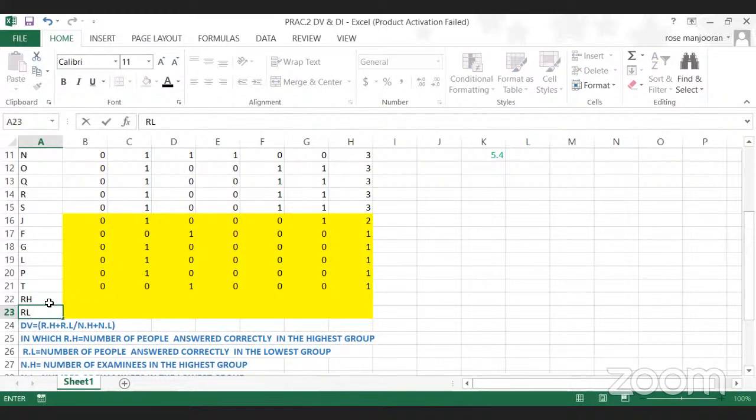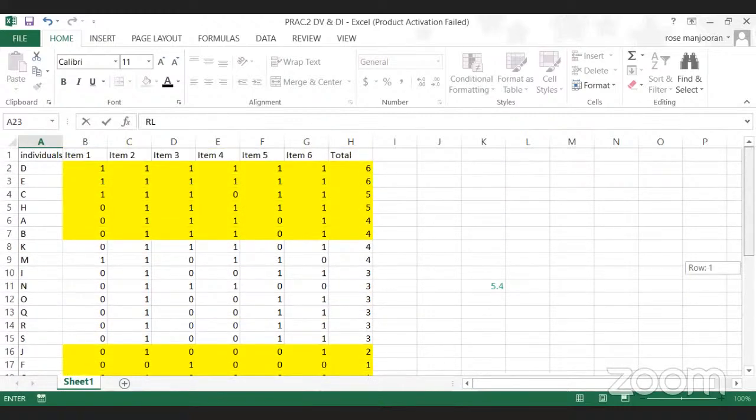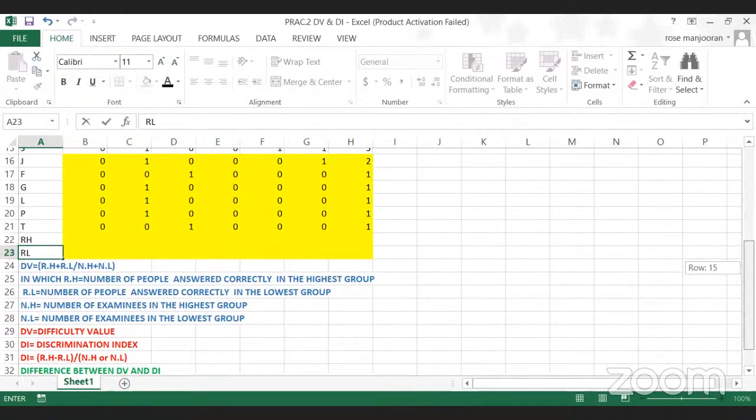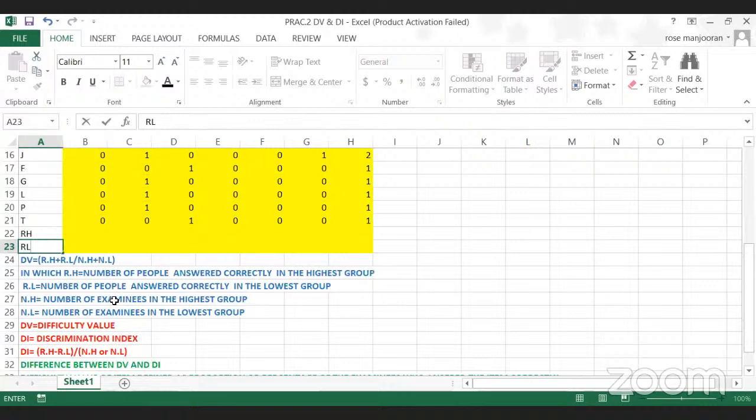What does it mean, RH and RL? It is a right answer from the higher group and a right answer from the lower group. Yeah, so RH will be right answers from the highest and RL will be from the lowest.